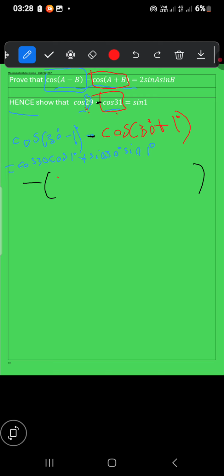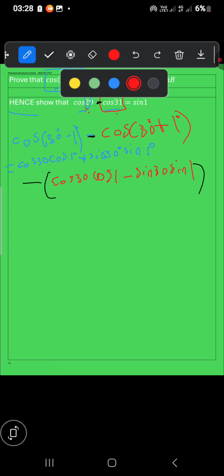So when you expand the red one, this is cos 30 cos 1 minus sine 30 sine 1.